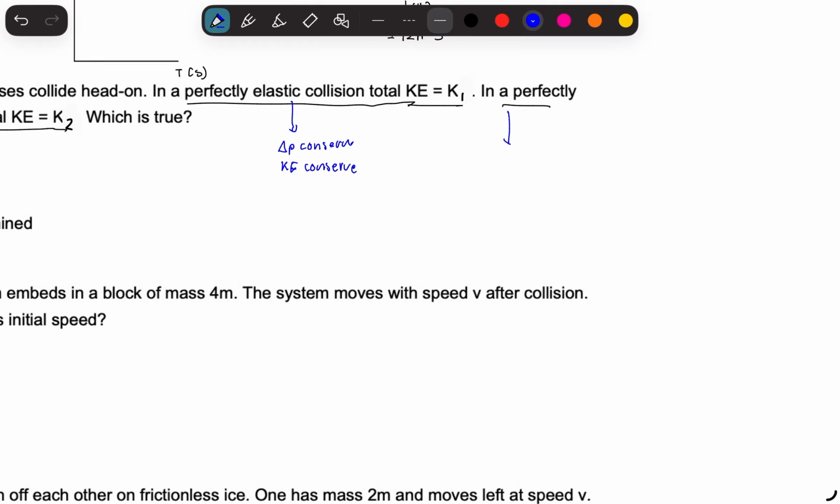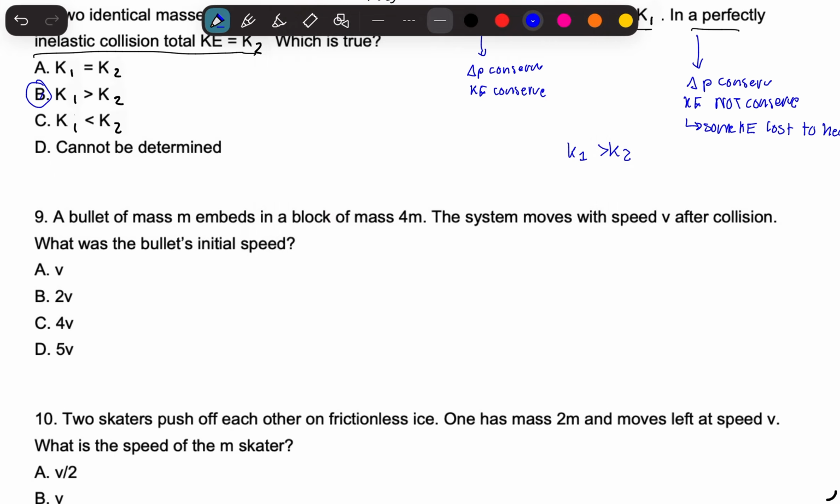Now, if you have a perfectly inelastic collision, your momentum is conserved. Your kinetic energy is not conserved. So that means that some of your kinetic energy is lost to heat, sound, deformation. So that means that your K1 is going to be greater than your K2. So that's going to be option B.